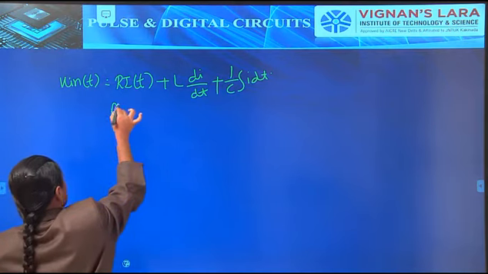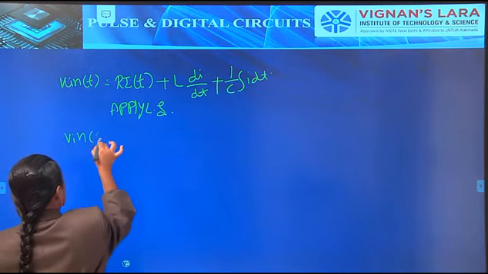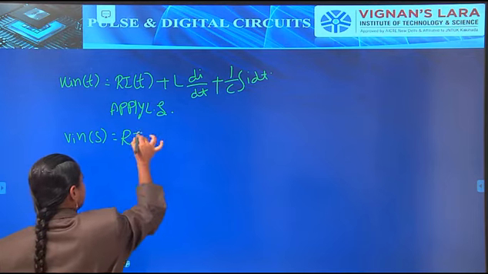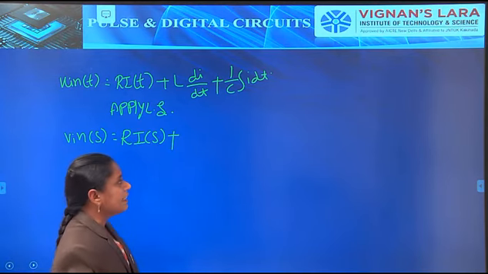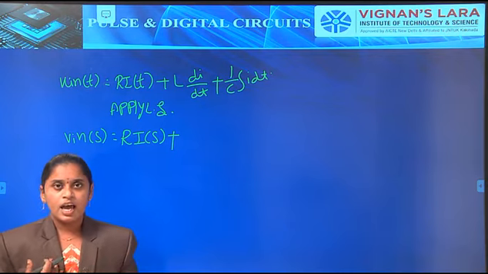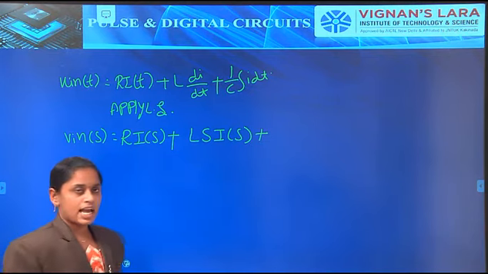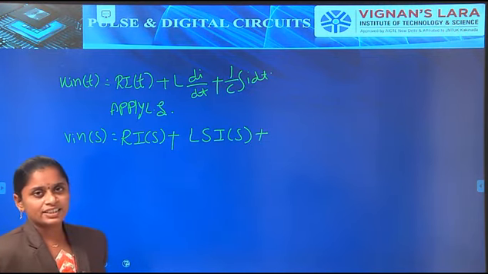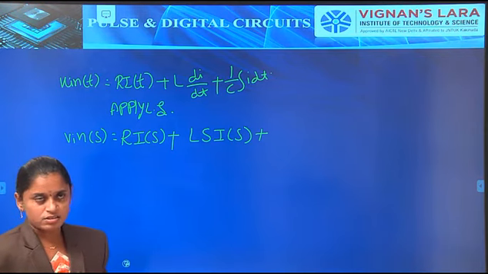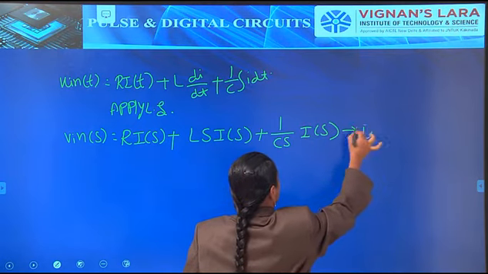The Laplace transform of R into I of t is R into I of S. The Laplace transform of L into di by dt, as we know the Laplace transform of a derivative involves S, becomes Ls I of S. And the Laplace transform of 1 by C integral I dt, since the Laplace transform of an integral gives 1 by S, is 1 by Cs into I of S. This is treated as equation number 1.